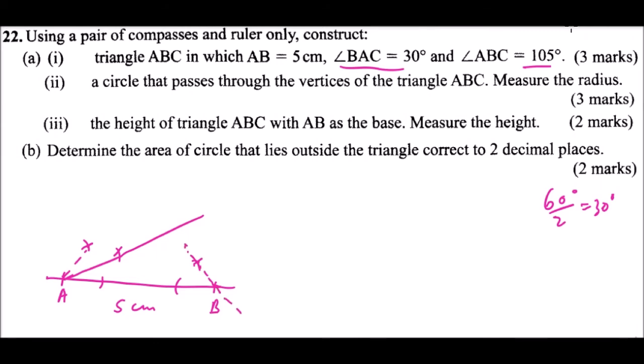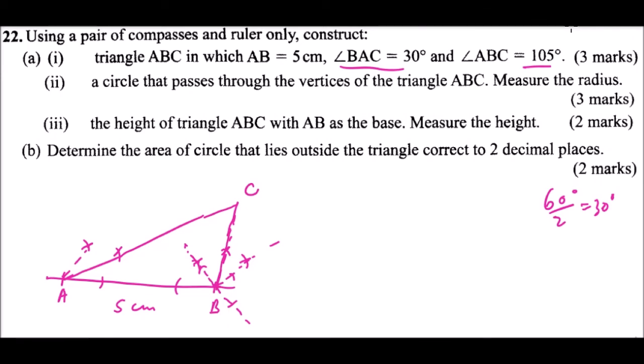You can extend that line. Use this point to construct an angle of 90. You make two arcs here, you come up with angle 90. Then you bisect this angle, and that is where you get the position of C. So that is how you construct that.